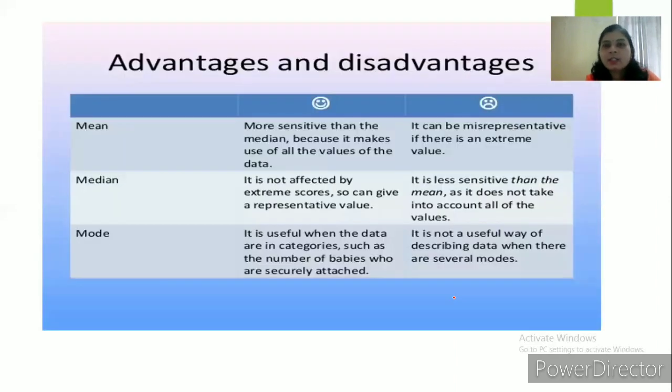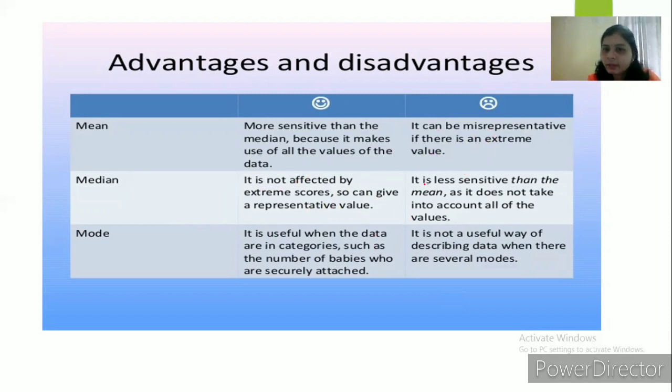Then advantages and disadvantages of the mean, median, and mode. The mean's advantage is that it is more sensitive than the median because it makes use of all the values of the data, and its disadvantage is that it can be misrepresentative if there is an extreme value. Also it changes if the data changes. Then the median's advantage is that it is not affected by extreme scores, so it can give a representative value.